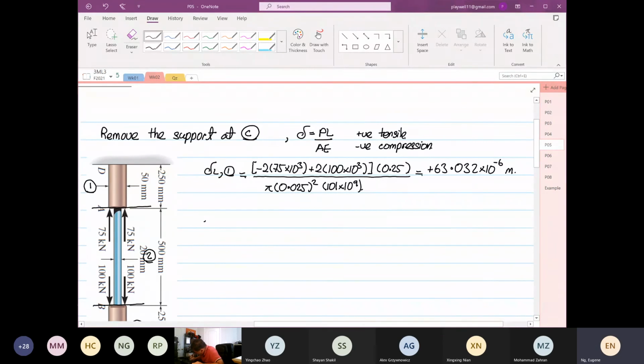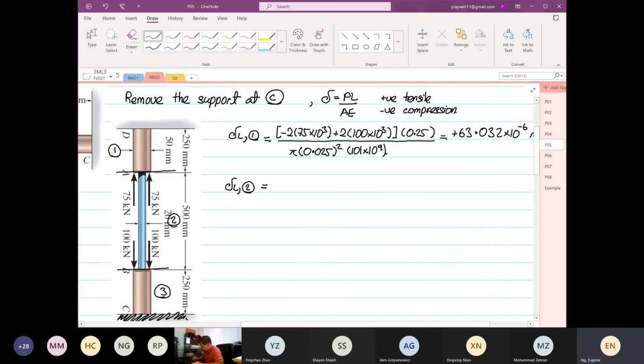Then deflection due to the load at point 2 is equal to, at section 2, it's not going to feel the 75 anymore. It's only going to feel the 200, or the two 100s. So positive is going to be tension.